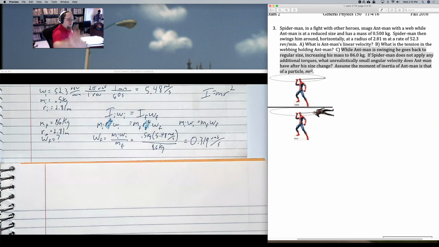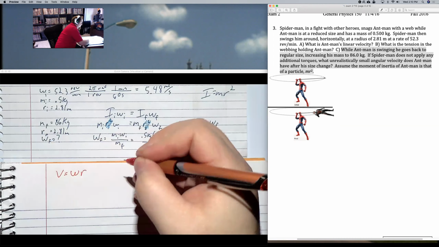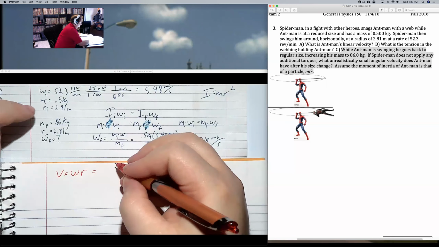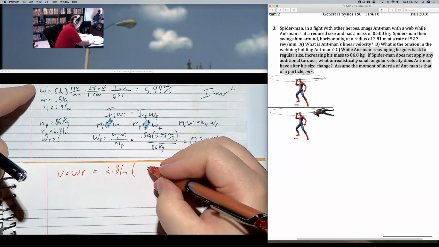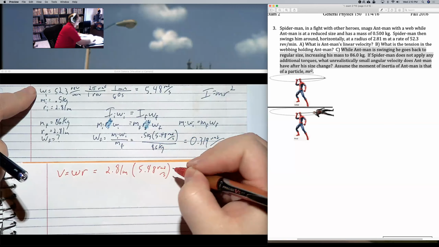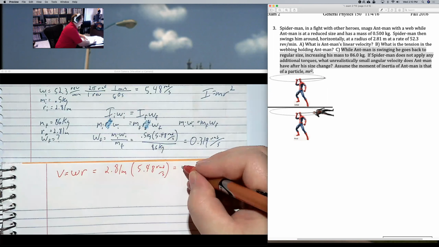Anytime I ask for linear velocity of something moving in a circle, linear velocity is angular velocity times radius. And therefore the linear velocity is just going to be his radius times the angular velocity. It's of note that at this point, you might wonder why I'm not using the 0.319, but to be fair, I did the problem out of order. I didn't even know that was the case yet. As the problem was written, this was the only velocity I had.